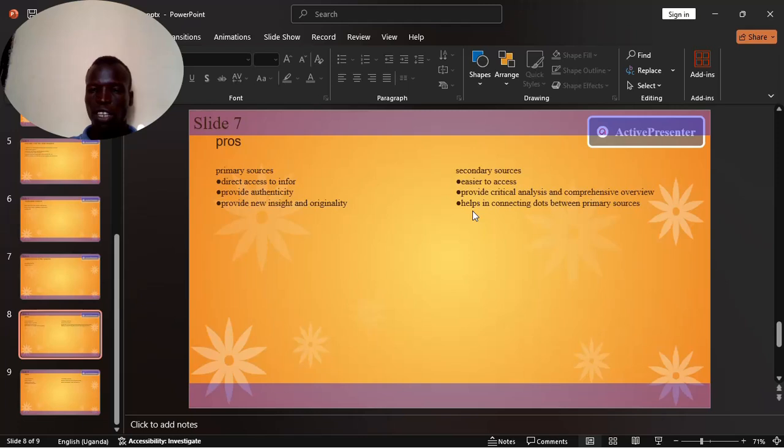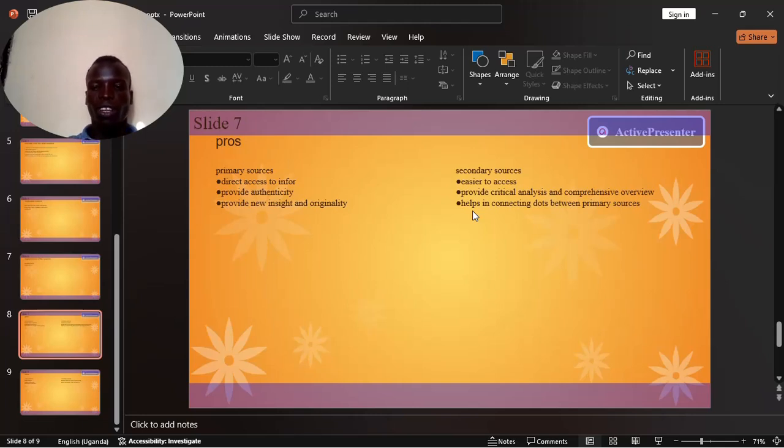Another is it helps in connecting the dots between primary sources. Basically, secondary sources are directly linked to primary sources because a secondary source is an interpretation of primary sources.